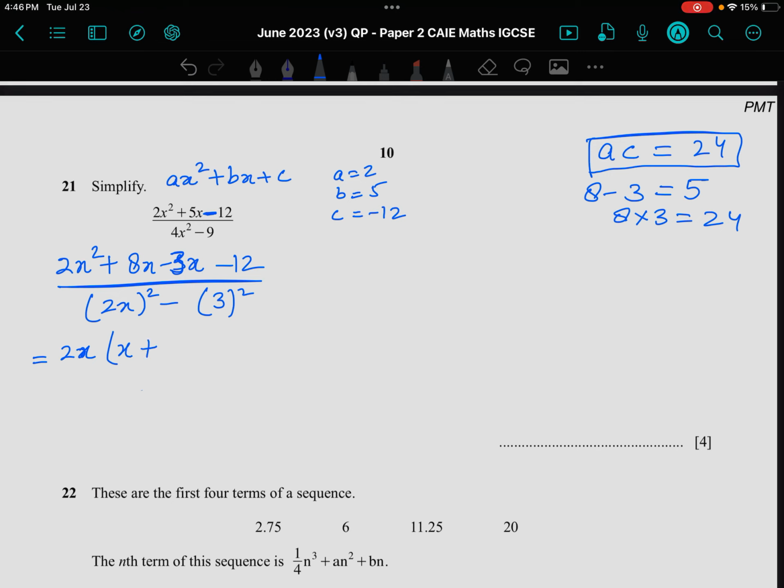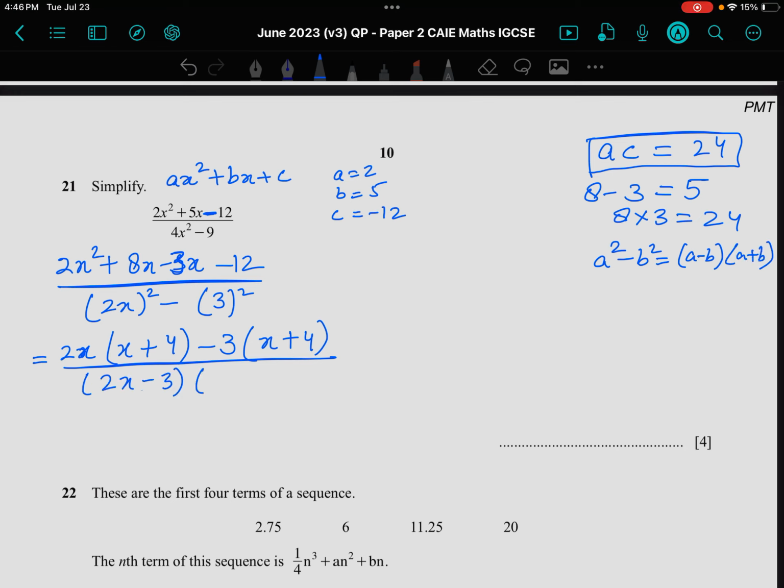So in bracket it is x plus 4, and from here 3 is taken as common, and here it is x plus 4 inside the bracket. 2x square minus 2x whole square minus 3 whole square. We know a square minus b square is what? A minus b, a plus b. This is the formula. So I can write this as 2x minus 3 and 2x plus 3.